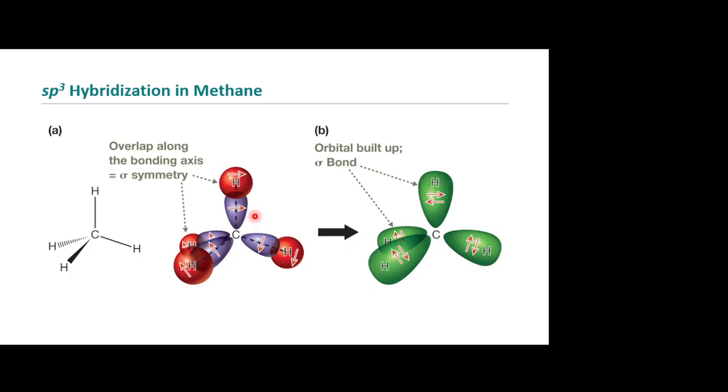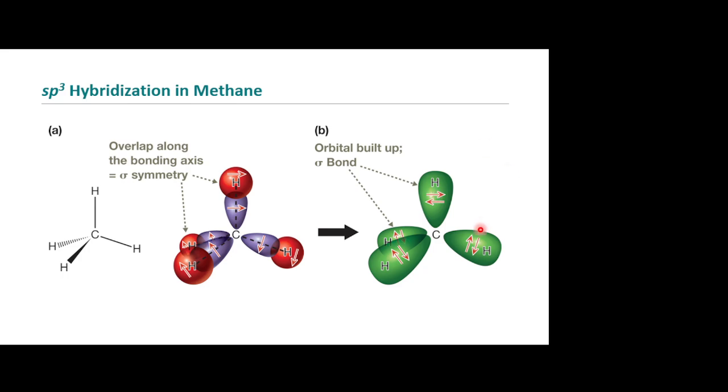An orbital holds how many electrons again? 2. And can they be the same spin? No, they can't be same spin. They have to be different spins, don't they? And that's what you're seeing here. They were same spin. They actually have to flip and have different spin.